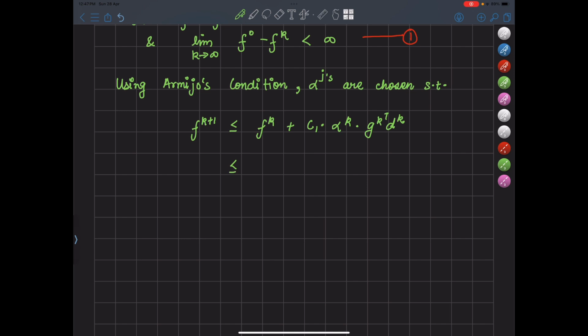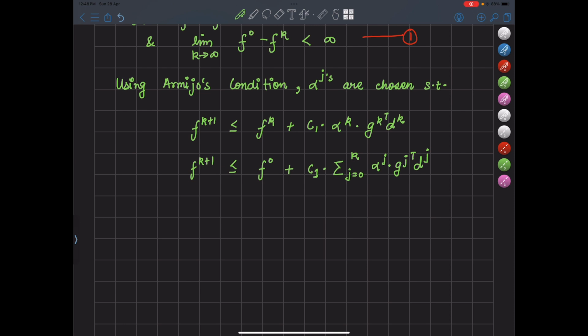Which can be written as fk plus 1 is less than or equal to f naught plus c1 times the sum over j equal to 0 to k of alpha j times gj transpose dj. Is this correct?